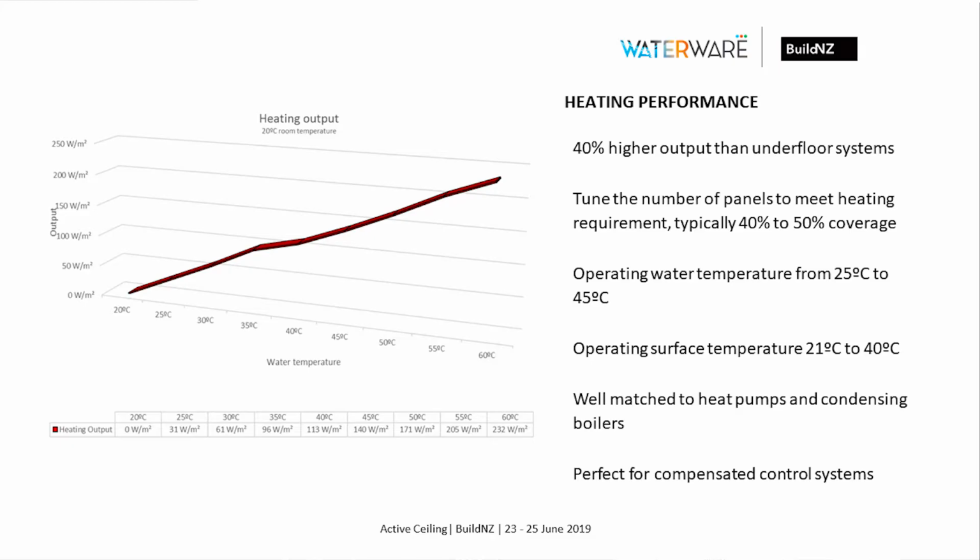So the way temperature compensation works is if your building doesn't require a lot of heating load, then you can lower the water temperature to reduce the output from the panel. You can see from this graph here, if we're sending water at 30 degrees, then we have 61 watts per square metre, and if we're sending at 45, we have 140 watts per square metre.